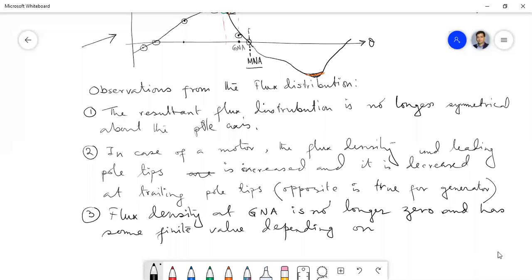Armature current. Okay, but we can write armature flux, or armature MMF. Anything you can write. So better to write armature MMF, because the number of turns also comes in.